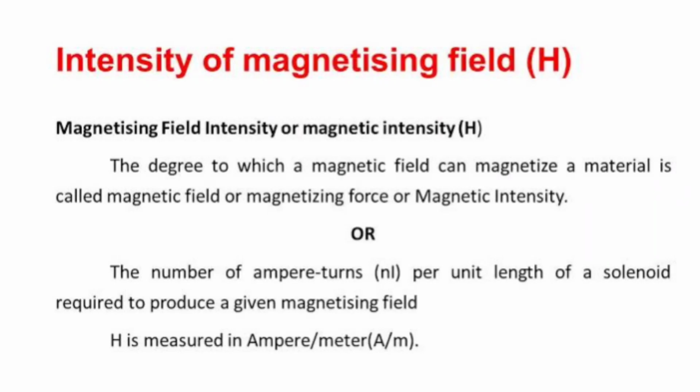It has another definition in terms of a solenoid, that is the number of ampere turns per unit length of a solenoid required to produce a given magnetizing field. It is measured in ampere per meter. That is the unit of dipole moment divided by the unit of volume.